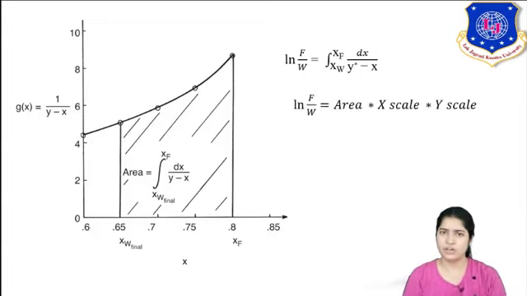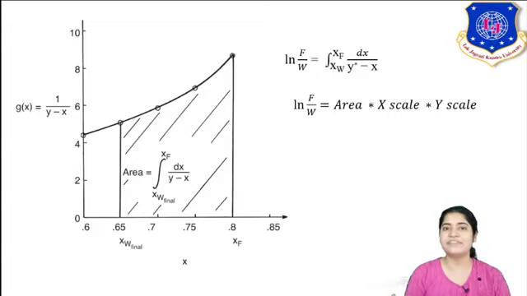So how can you solve it in the exam? Suppose your feed F value is given and W value is also given. When I apply the natural logarithm to ln of F upon W, I get the LHS term. Now, to find the area, this is the formula you have to remember by heart: ln of F upon W is equal to area into X scale into Y scale.